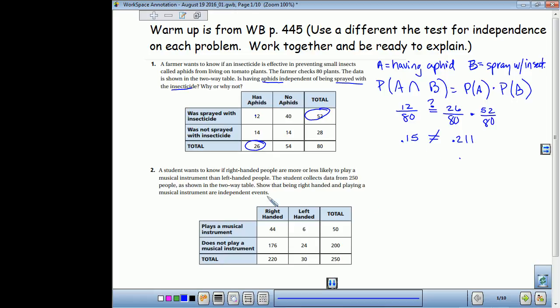All right. Problem number 2 here, I'm going to choose the other method, which is that the probability of A is equal to the probability of A given B occurred. All right, so in this one, I'm going to let A be right-handed, because that's what came first in the wording here. And B be playing an instrument.